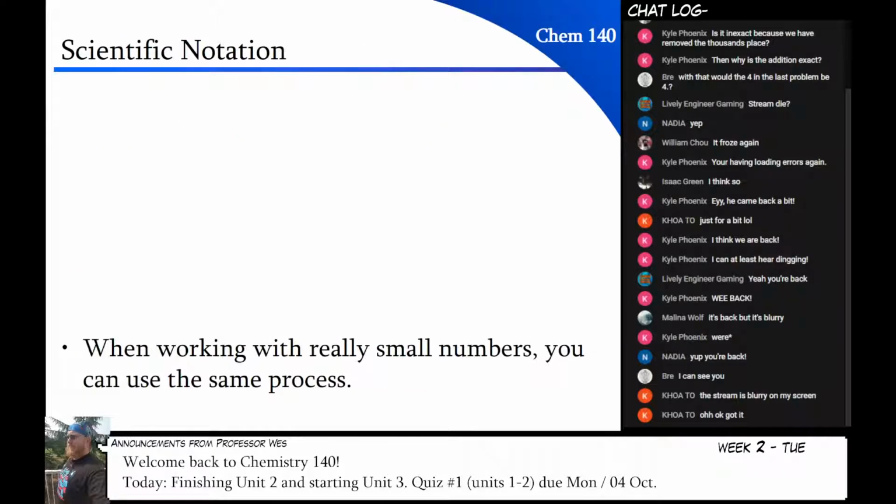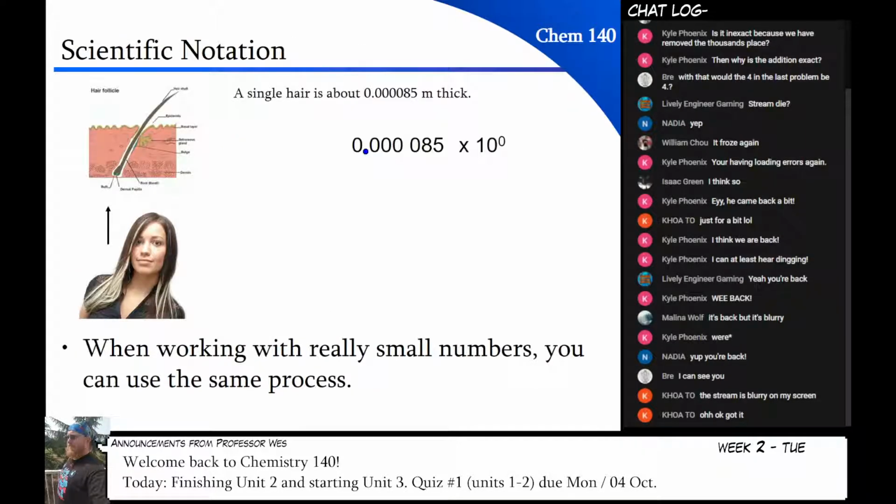Now, if you have a small number, you just do the opposite process. So this is the diameter of a hair on this person's face. Not face, sorry, head. I guess they're different. And so it's small. Hair is measured in microns. They're micrometers thick.